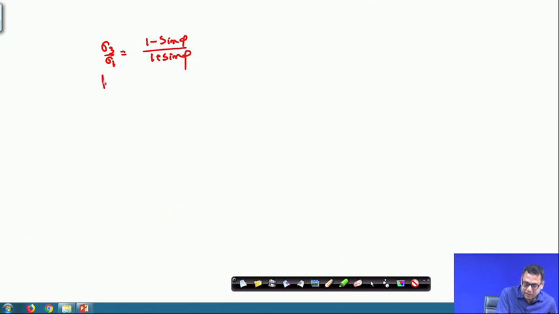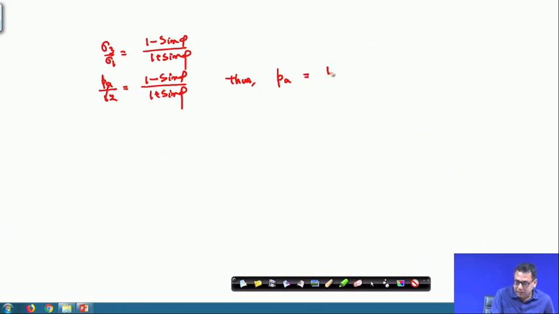Okay? And sigma 3 is equal to P A and sigma 1 is gamma z. So, this will be 1 minus sin phi divided by 1 plus sin phi, thus P A is equal to 1 minus sin phi divided by 1 plus sin phi into gamma z.